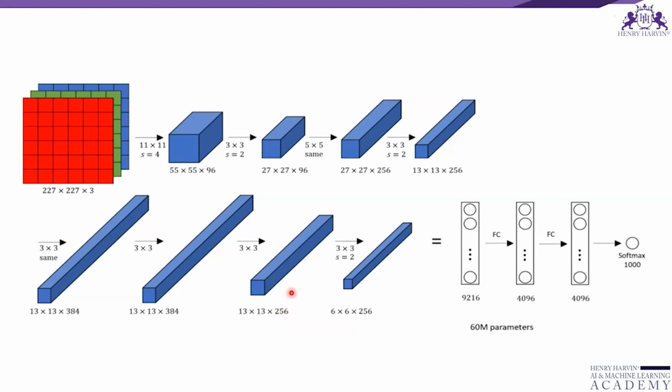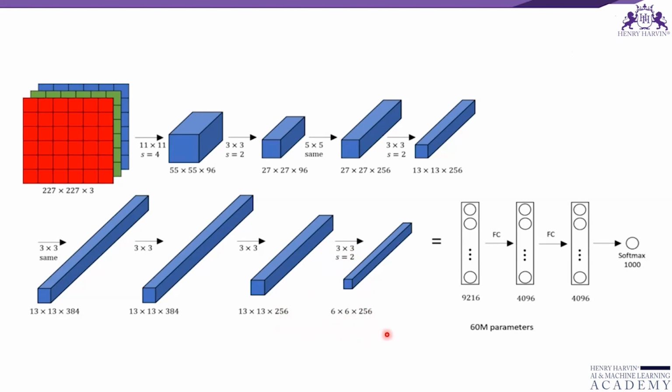Now the next one is an overlapping max pool layer, where the max pooling is done over a window of 3 cross 3 and stride equal to 2, and that gives you the output feature maps, and the number of channels is the same, 256, right? And the size of each feature map is 6 cross 6, right?